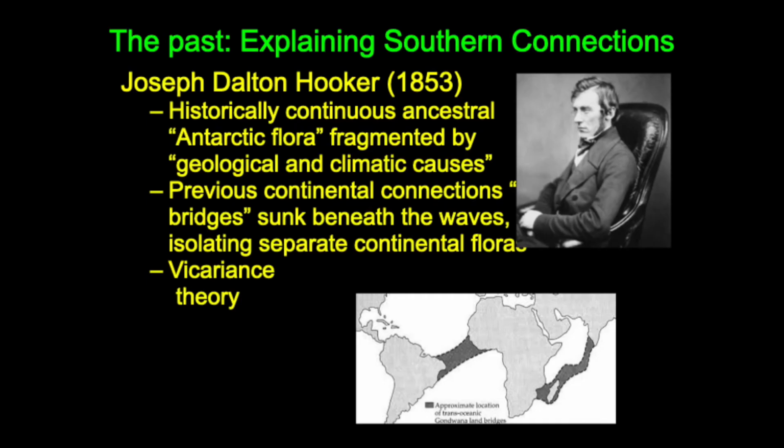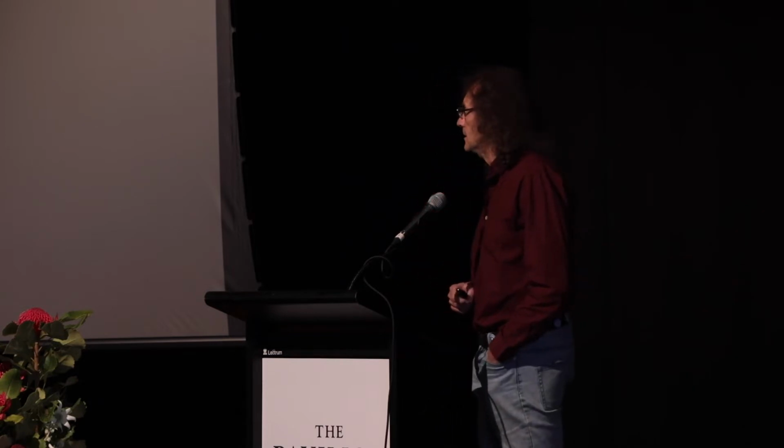And these patterns were a great fascination to 19th century biologists, and one of the greats is J.D. Hooker, shown here. And he spent a lot of time pondering how these patterns emerged. And his suggestion was that, historically, these fragments that we saw, for example, in the beech distribution across all these widely separated southern landmasses, were the upshot of some previous connection.